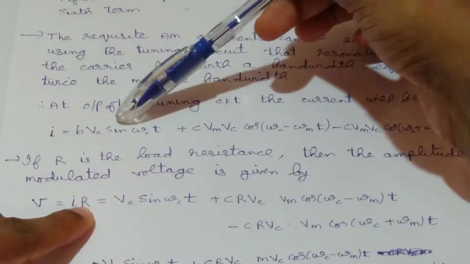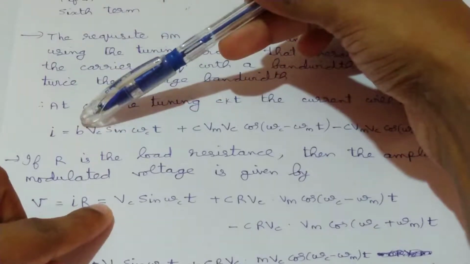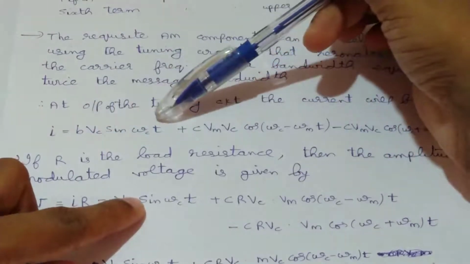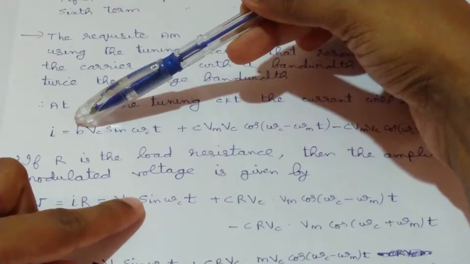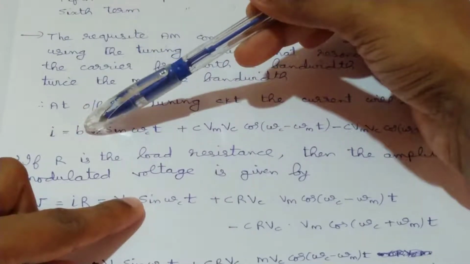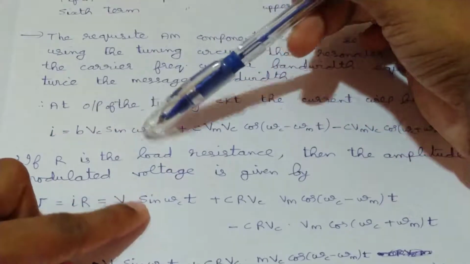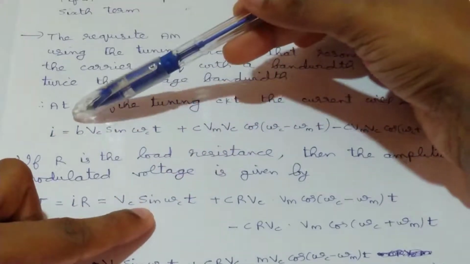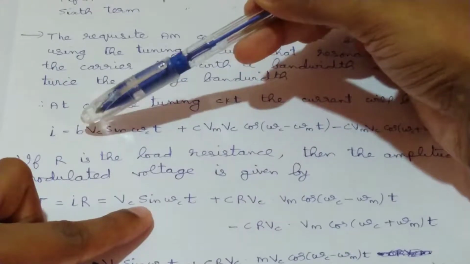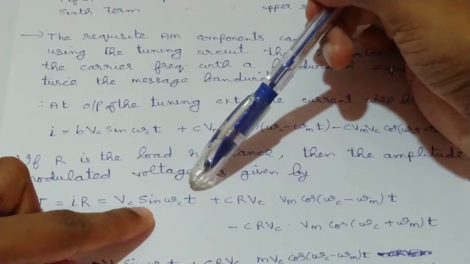So we will get B R Vc sin omega c t, and we know B is conductance. So B into R, or conductance into resistance, is 1. Okay, so that B into R is 1, and when we multiply this one with R, it will be Vc sin omega c t.